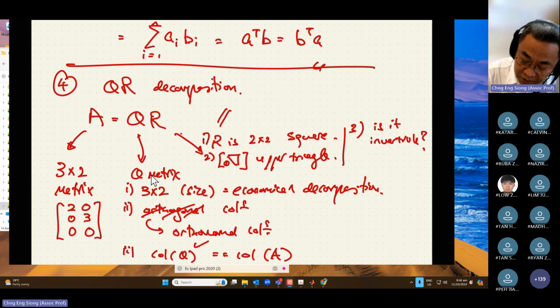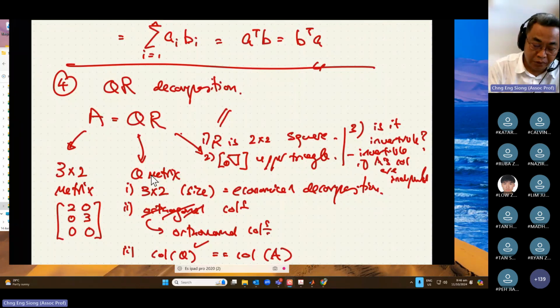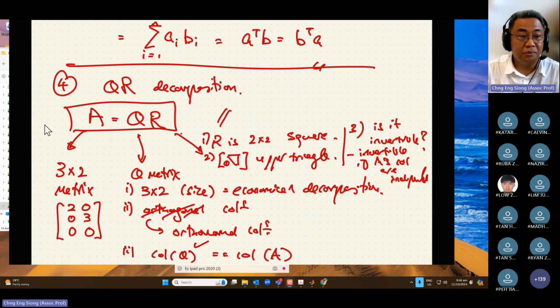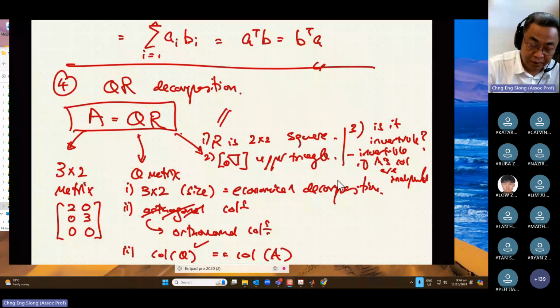So R is invertible if what? Yes, very good. Invertible if A's columns are independent. So now we know what QR decomposition is in a conceptual sense.